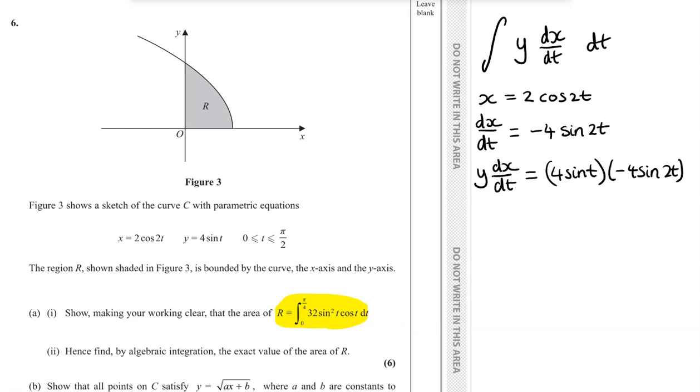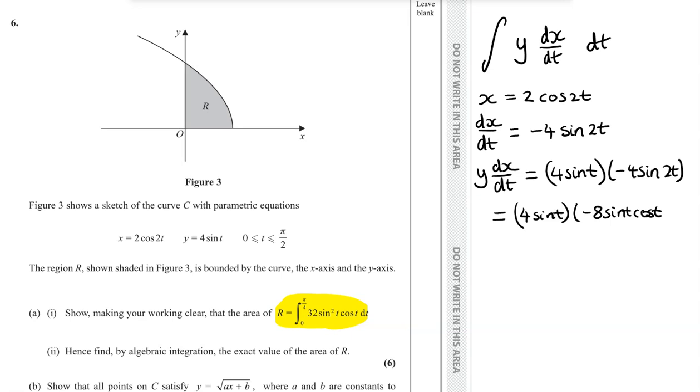So that would make me think I need to deal with the sine 2t. And what I can do is use the fact that sine 2t is 2 cos t sine t, using my double angle formulae.